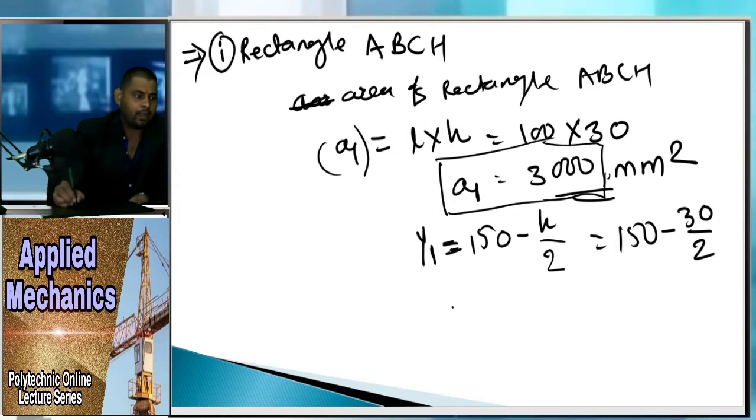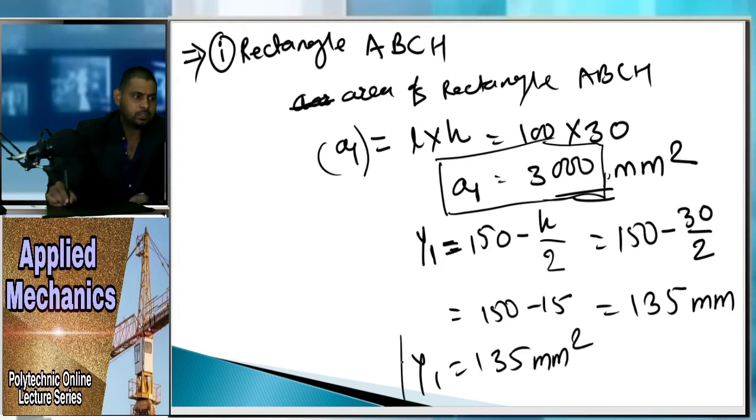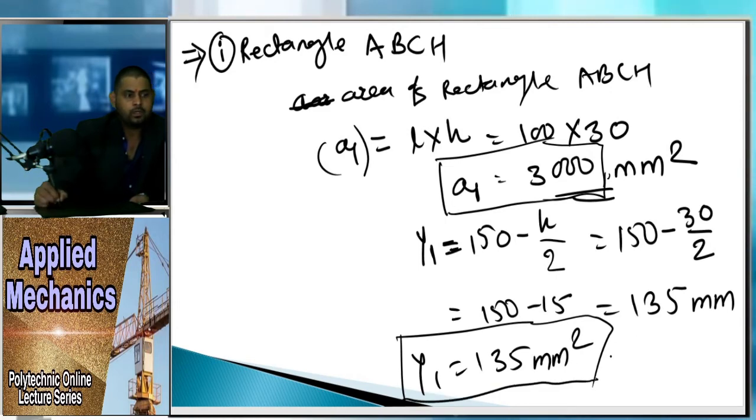Now do this calculation in your calculator. So 150 minus 15, that is nothing but 135 mm. So here your y1 is equal to 135 mm. This is the value of y1. But our problem is not completed.